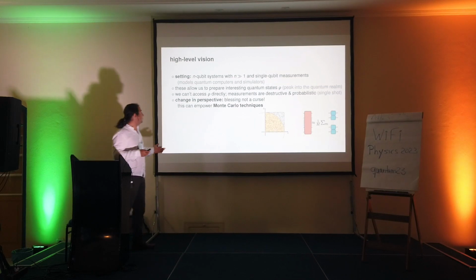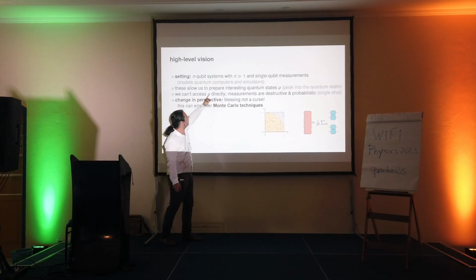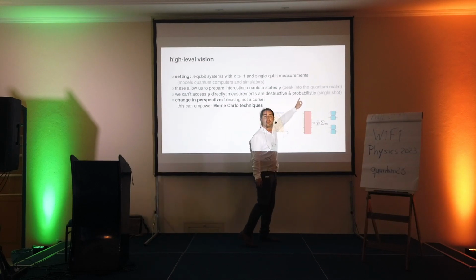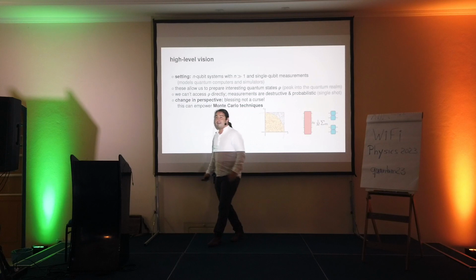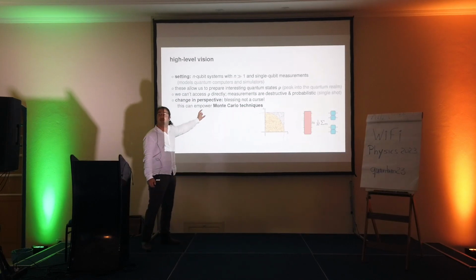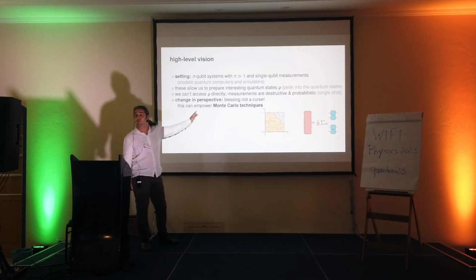I want to remind you about this fundamental feature of quantum technologies. We can't access rho directly, but we can sample from distributions that represent it. This is what a quantum computer or quantum architecture does natively. And as it turns out, this exactly closes the hole of the biggest issue with Monte Carlo.